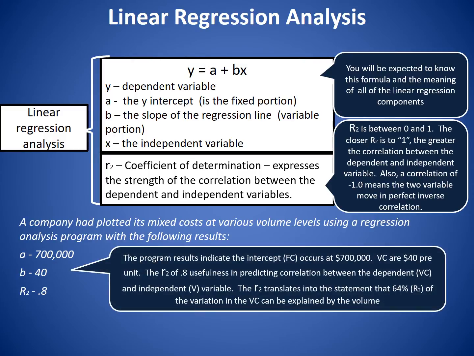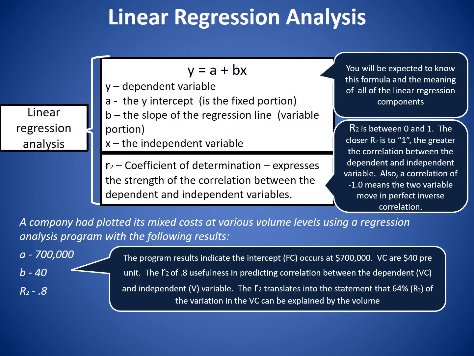Okay, the program results indicate the intercept, which is A. In other words, a fixed cost of $700,000. We also know that variable costs are estimated at $40 per unit. That's B, the slope.